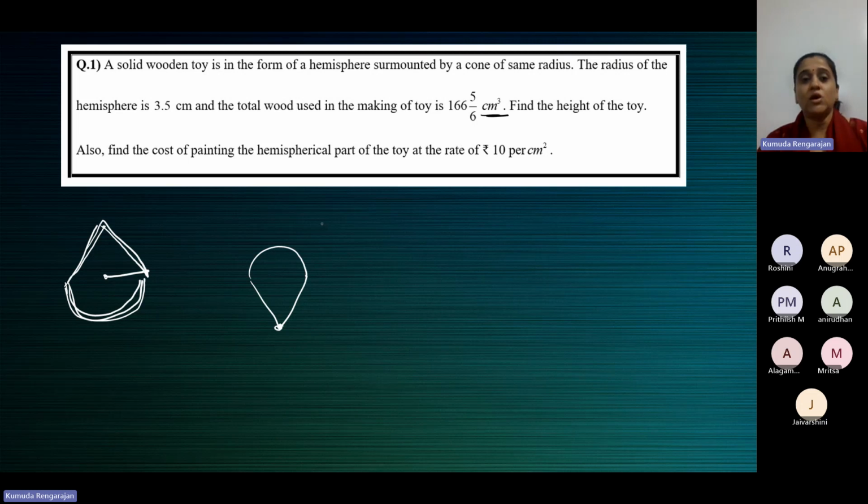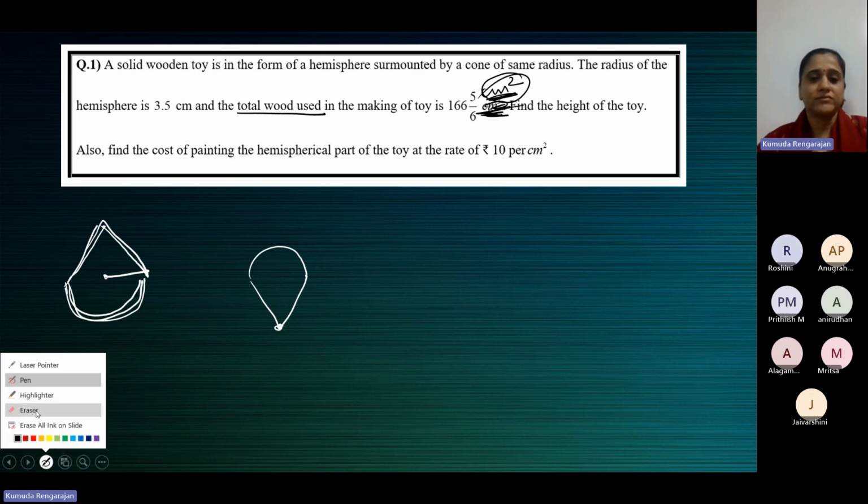Even if this was printed centimeter square, it is volume only. That is a printing mistake, so don't go by this unit. Total wood used means it is volume only.